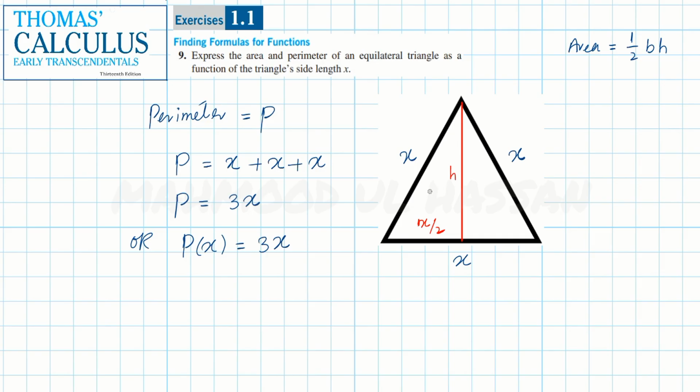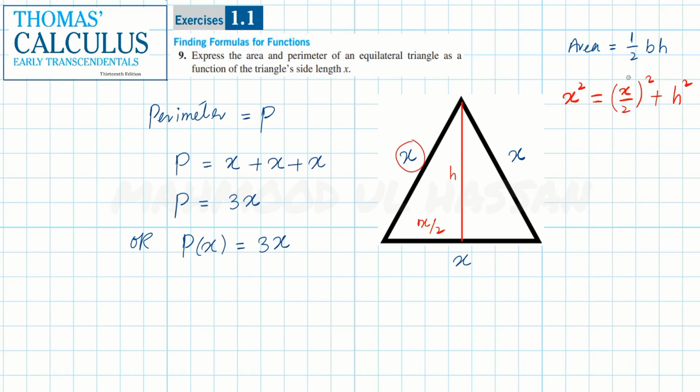So by the Pythagorean theorem, what will be our h? This is going to be the hypotenuse squared, that is x squared, equal to the base squared, so that is x divided by 2 squared, plus height squared. Here we are going to find the value of h.